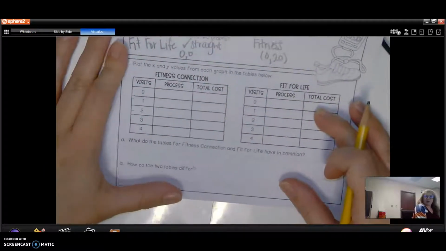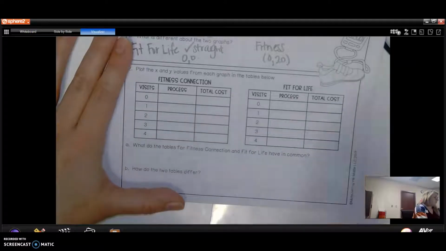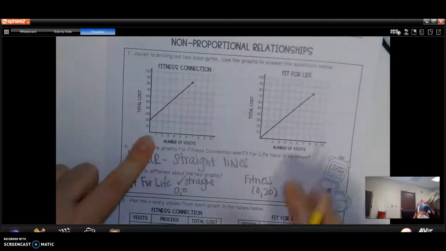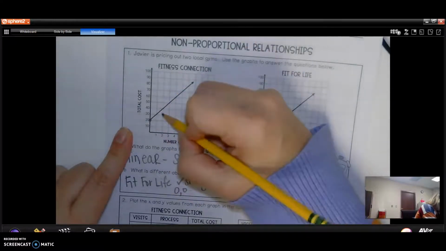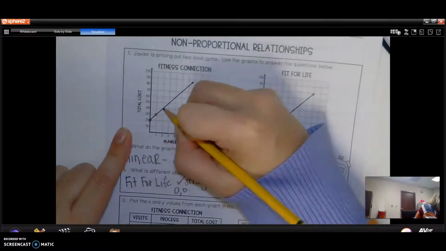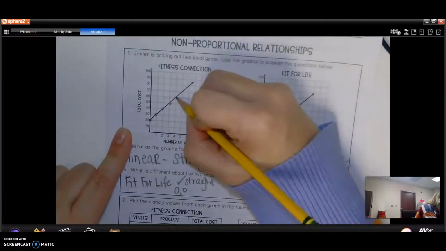So plot the X and the Y values from each graph in the tables below. Okay, so we have fitness connection first. So I'm going to move this back up. So we have 0 and 20, 1 and 30, 2 and 40, 3 and 50, and 4 and 60.